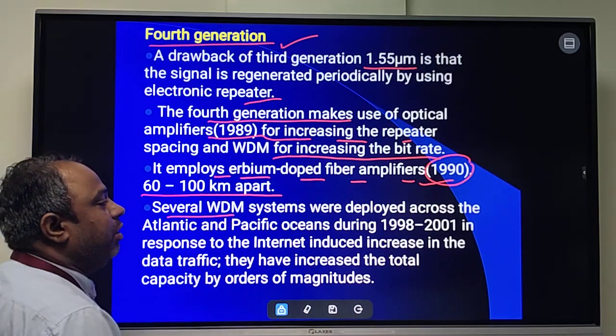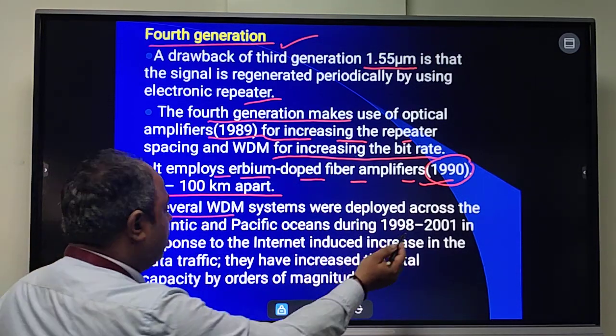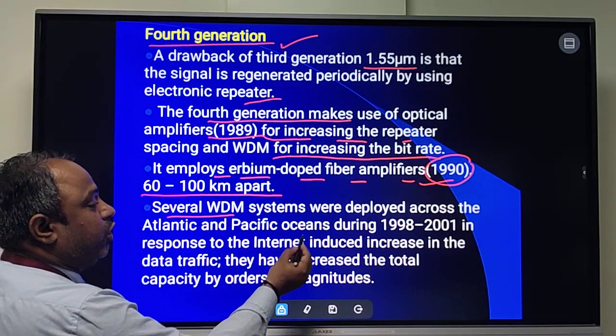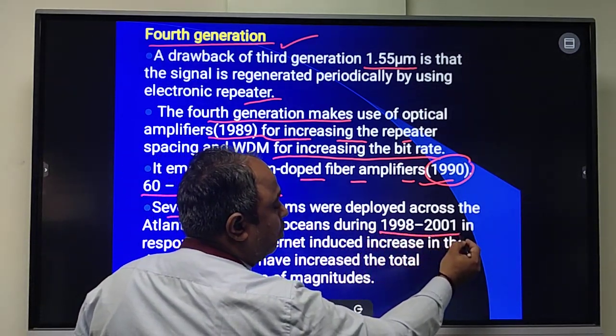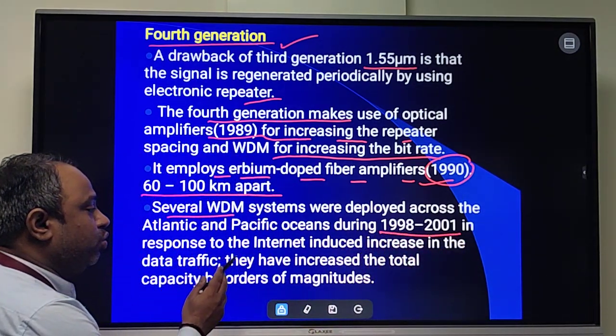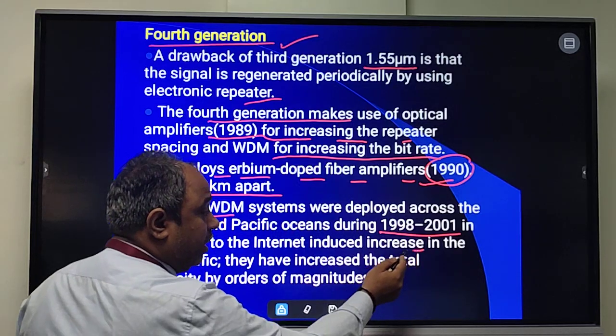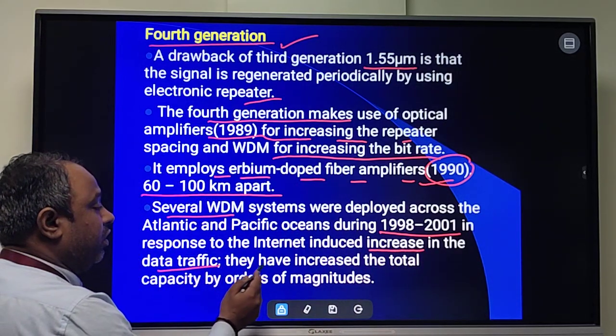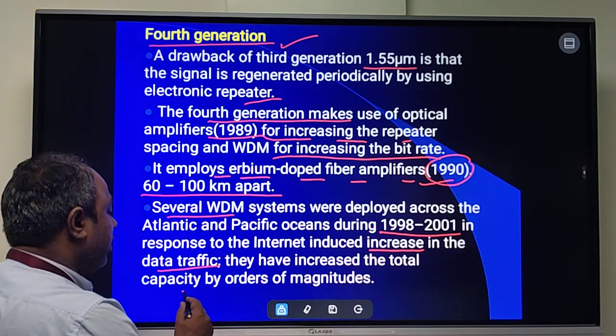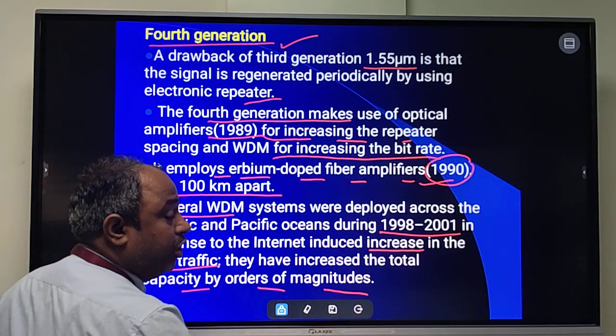Several wavelength division multiplexing systems were developed across the Atlantic and Pacific Oceans during 1990 to 2001. In response to the internet-induced increases in data traffic, they increased the total capacity by orders of magnitude.